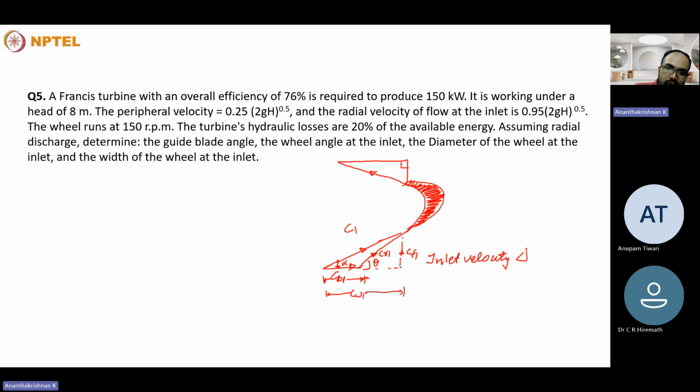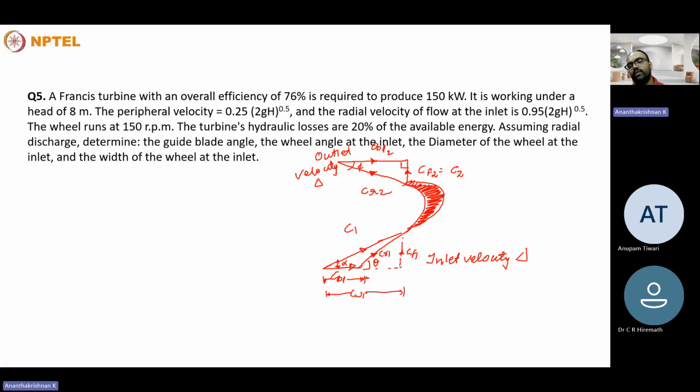So here, there is the relative velocity with the blade angle theta at the outlet, and C blade 2. CF2 will be the same as C2.